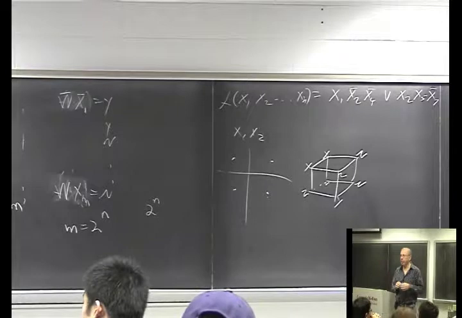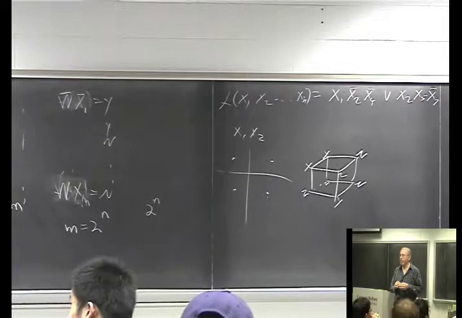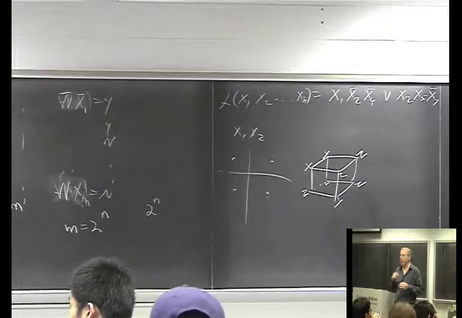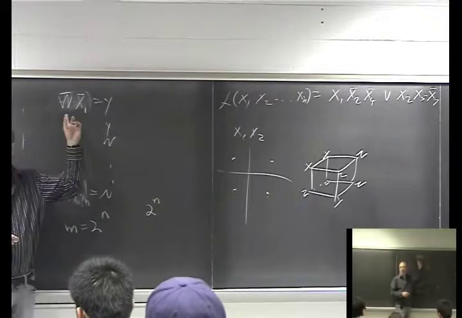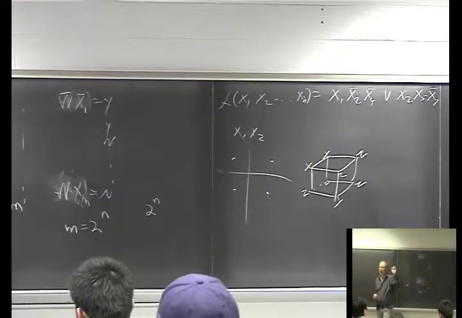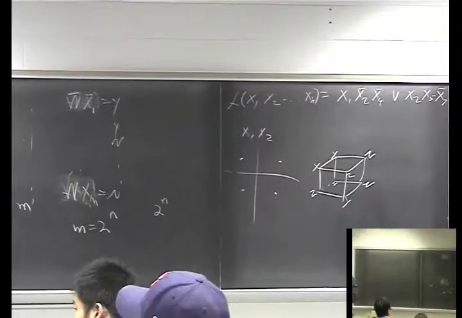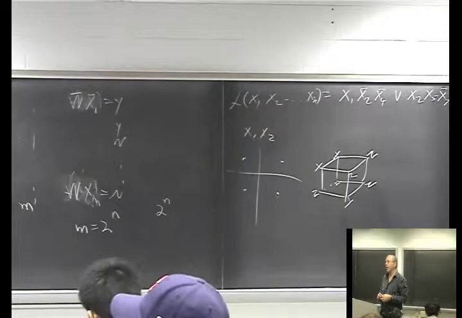Shouldn't you threshold the equations? I'm sorry? Shouldn't you threshold the equations? You want to check linear separability. At a threshold, you mean? Yeah. Well, I've assumed that w starts from w0, and w0 is the negative threshold. It should be whether it's larger than 0 or smaller than 0.